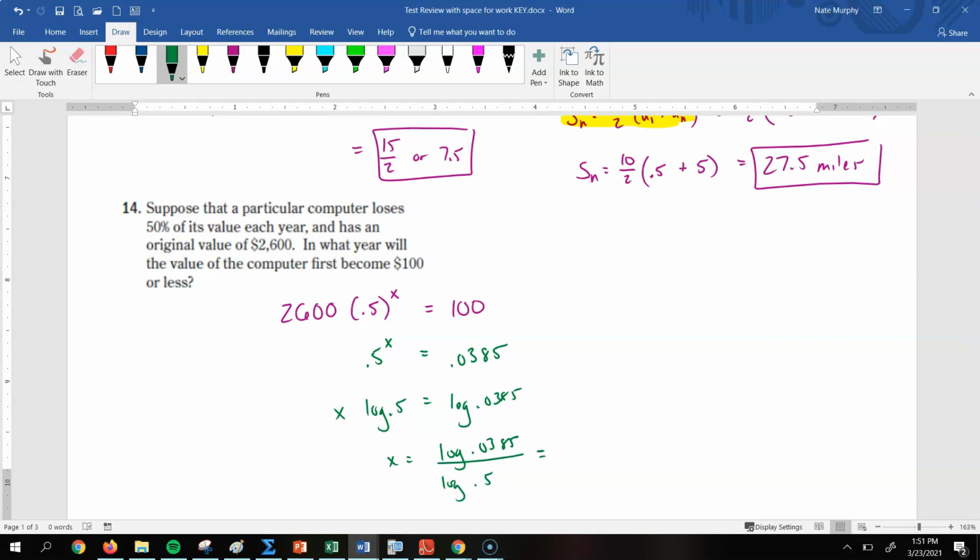And when you do that on your calculator, you get approximately 4.7 years. So a little over 4.7 years, it would be $100 or less. That would be your answer for number 14. Again, you could do that using guess and check, which would be a little harder. Otherwise, the other method that I would choose other than using logarithms would be to graph this as two separate equations and find where they intersect.